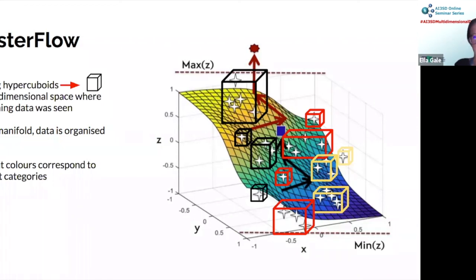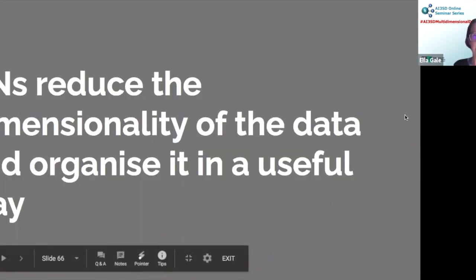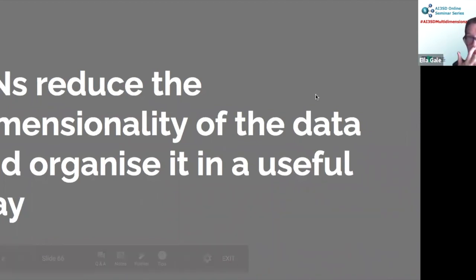So what's going on here? The main point here is that neural networks do something very similar to the PCA at the basic level. They are reducing the dimensionality of the data because they've moved it from that giant space to a manifold, and they've organized it in a useful way.